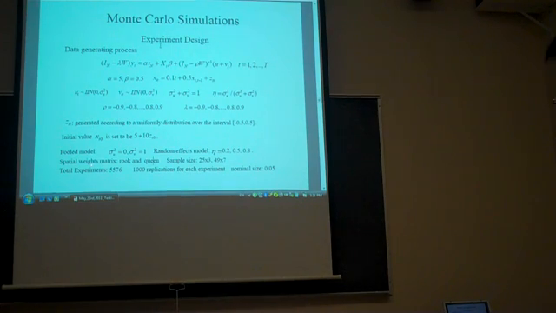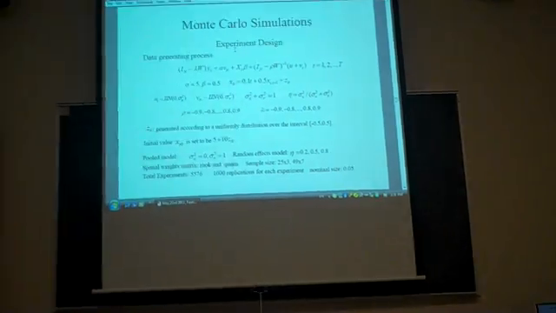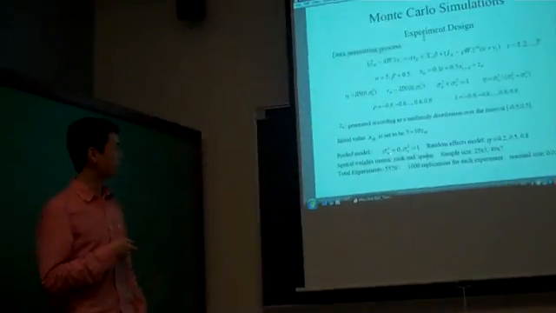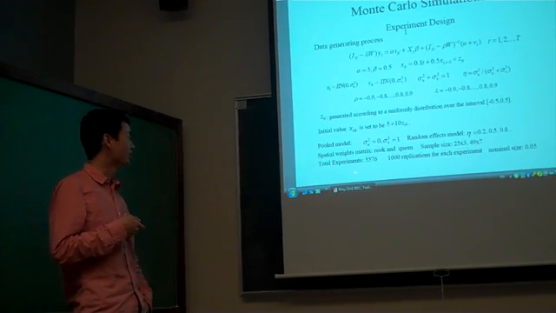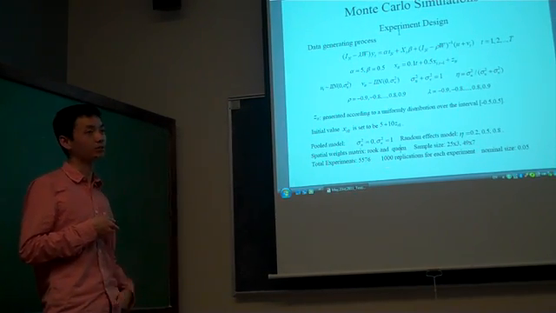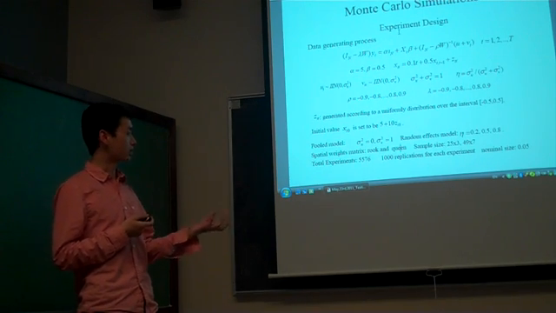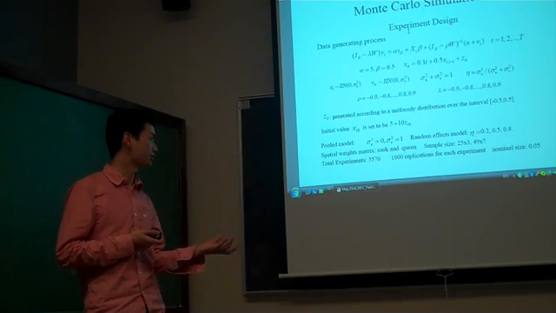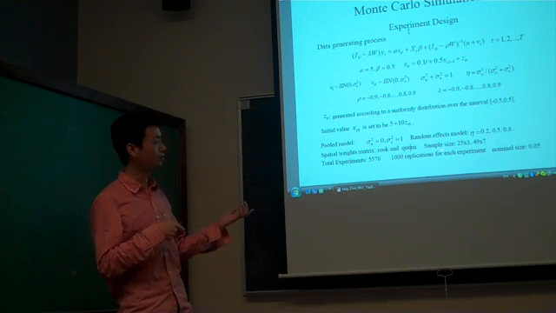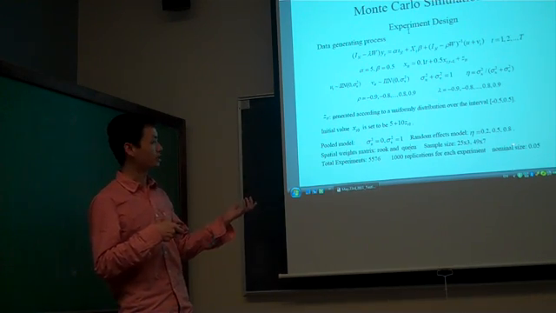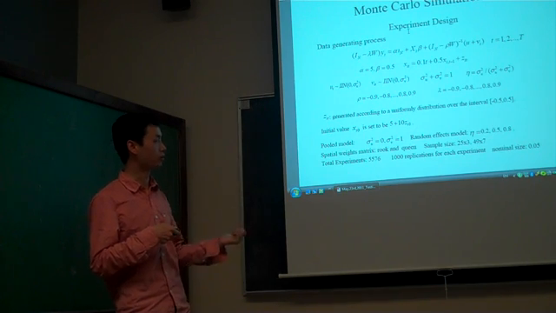For the spatial weight matrix, we use the Rook and Queen criteria. For the sample size, we have two. For the different combinations, we end up with 5,576 experiments. For each experiment, we can get this Lagrange multiplier test statistic, which is essentially a random variable. We do 1,000 replications for each experiment, and we specify the nominal size to be 0.05.